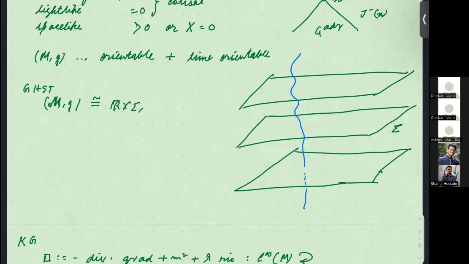Very good question. So first answer this question locally. You can ask if there exists a local solution of Einstein equation, provided you have given all the Cauchy data. The answer is yes, provided the space-time is globally hyperbolic. So you are right. Now you can ask, is it true globally? There are some results by Geroch and Choquet-Bruhat, and others also working right now.